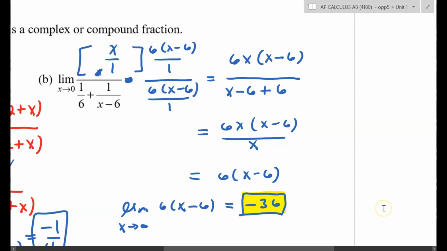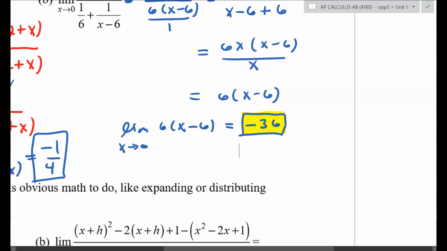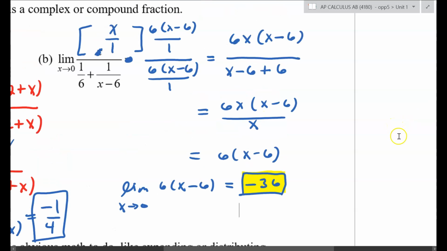Evan's using his eraser. Right here. So do you agree that this is equal to 1?